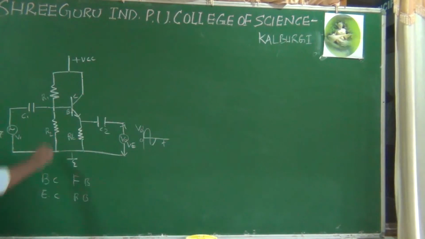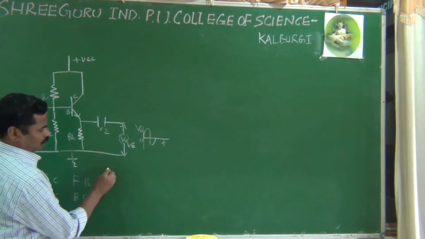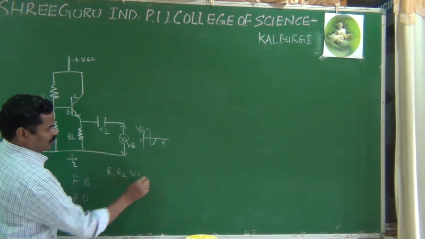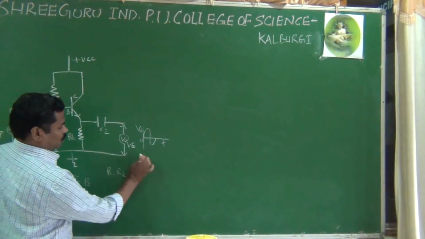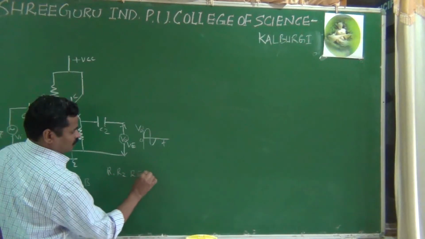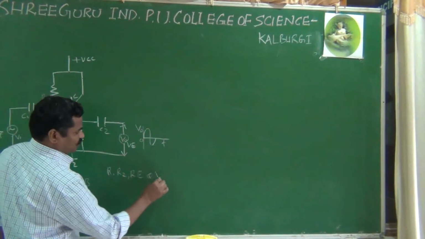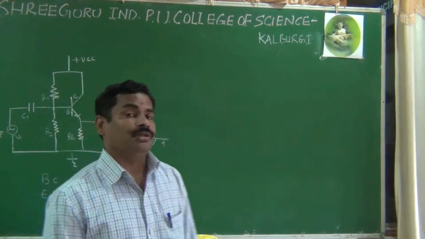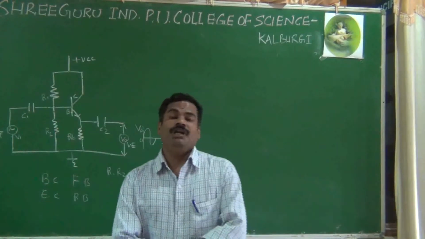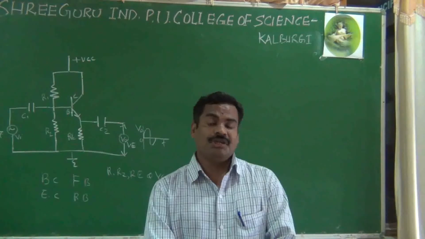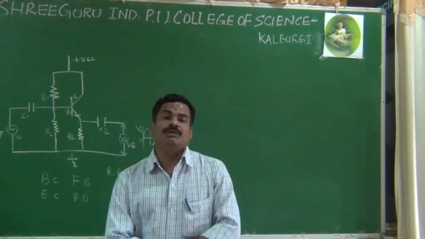As you are using the voltage divider rule with R1, R2, VCC and RE, that makes the input forward biased and the output reverse biased. Also, we want the Q point to be in the mid-point of the active region. We want the DC conditions, or we want the Q point to be in the mid-point of the active region.